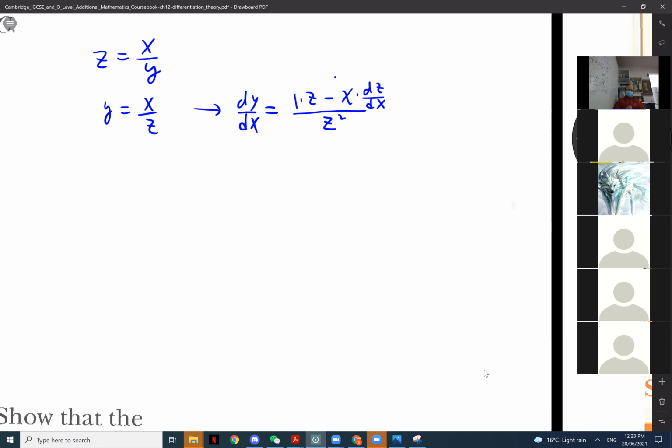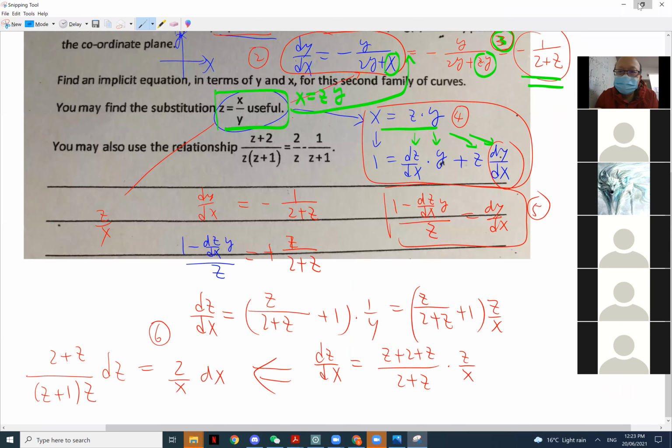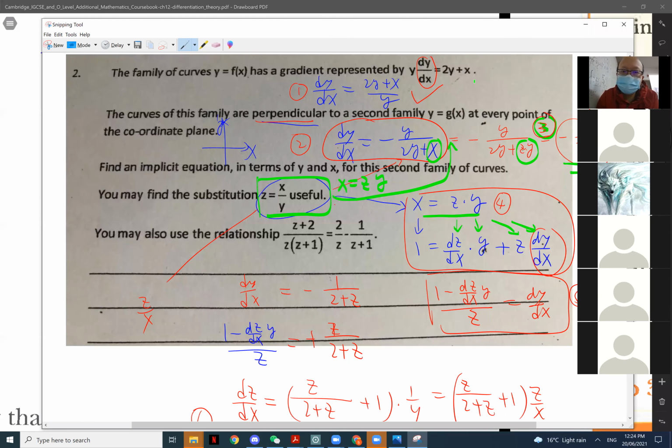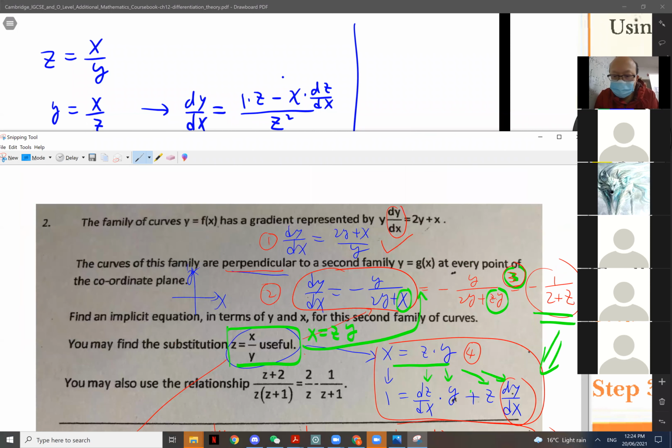Okay. Why we rewrite it? Because this part looks pretty confusing here.